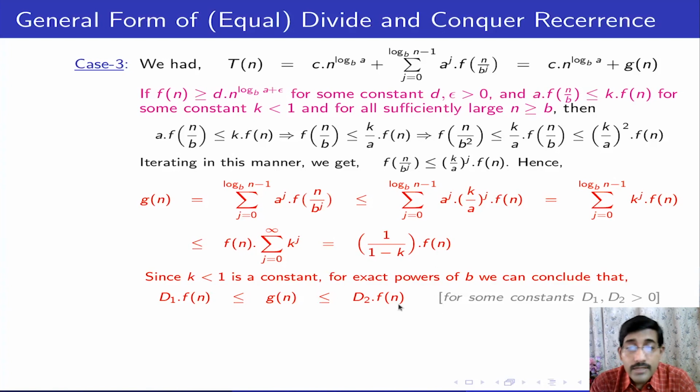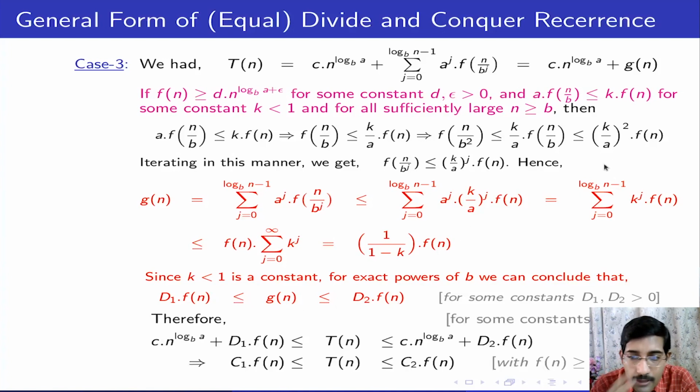We can conclude that g(n) is growing the same as f(n), and if we substitute in this equation, we get that T(n) has the same growth rate as f(n), because f(n) is greater than or equal to this one.